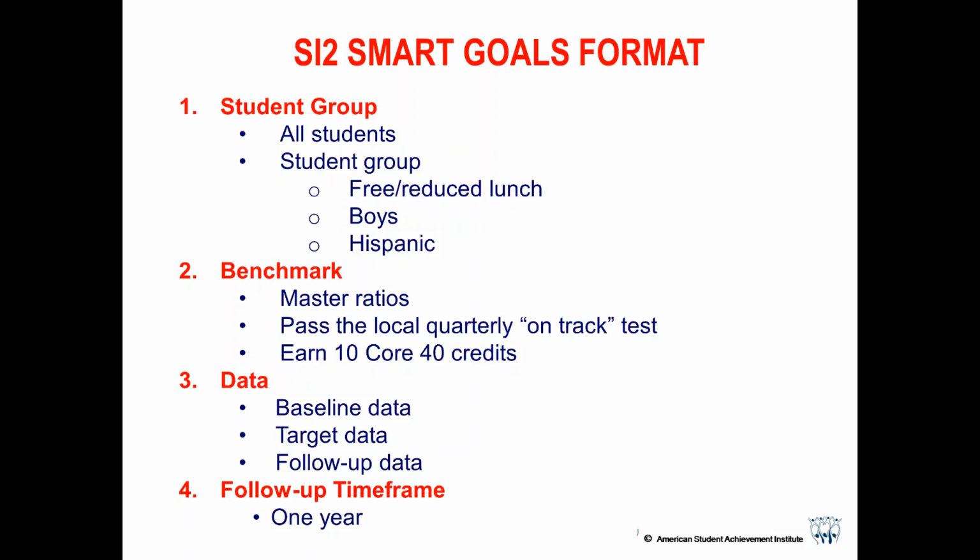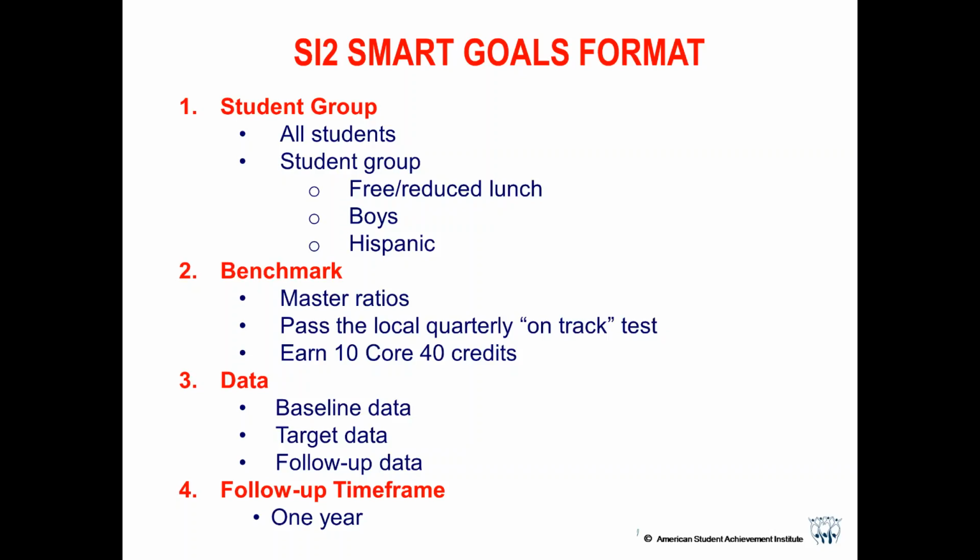So in your SMART goals, you might have it be for all students, but when schools really get focused, they're looking at, okay, which kids is it that are not achieving? And they'll target those kids, and then that will allow them to design really focused interventions.